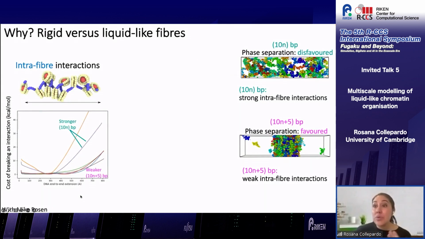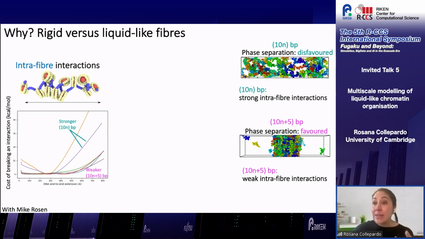Now with simulations, we can go one step further and ask, why is this happening? And something that we do is we can do pulling experiments of single chromatin fibers with a different DNA length. And we see that the fibers that have a linker length of 10n are very hard to break, whereas the ones that have linkers of 10n plus 5 are actually very easy to break.